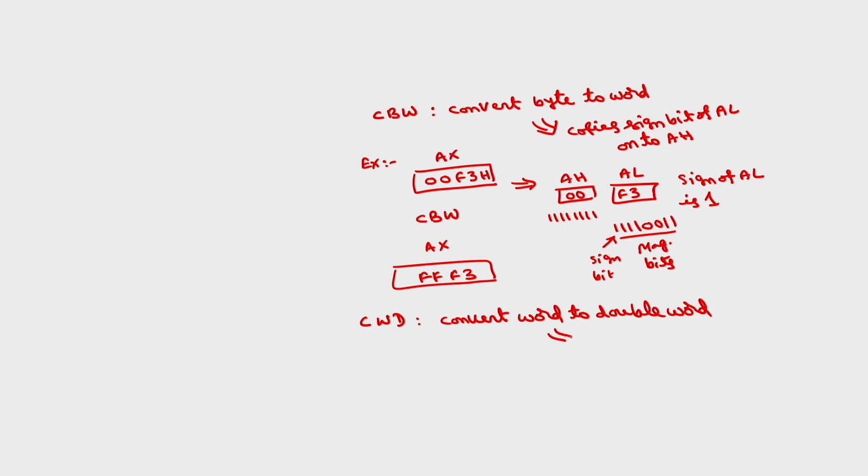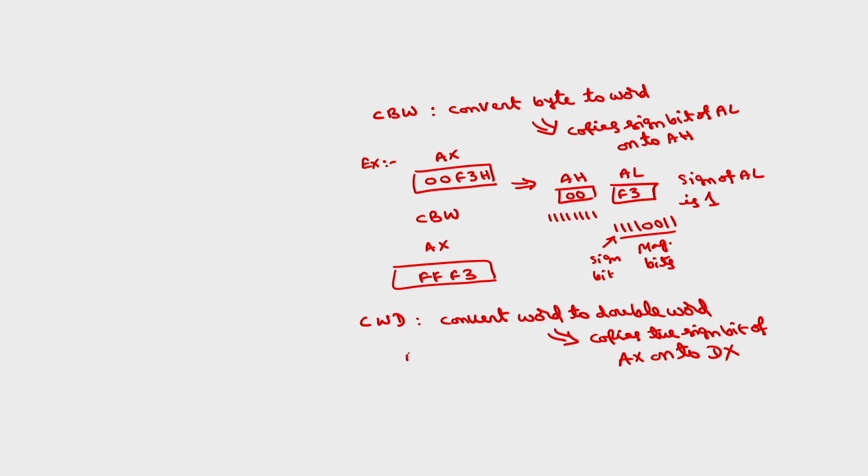It simply copies the sign bit of AX onto DX. By default, these two instructions operate with the AX and DX registers only.